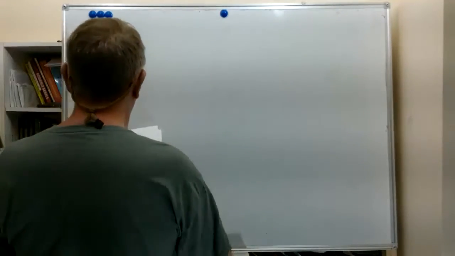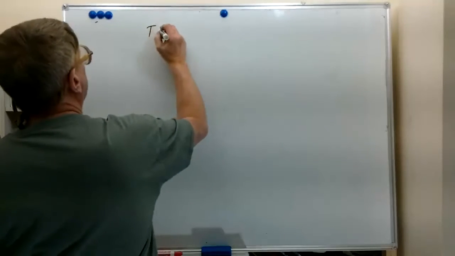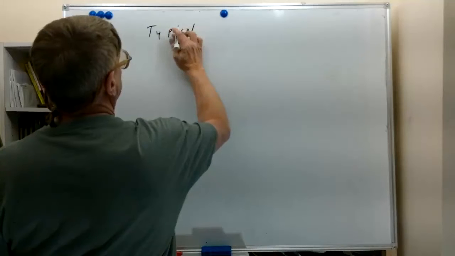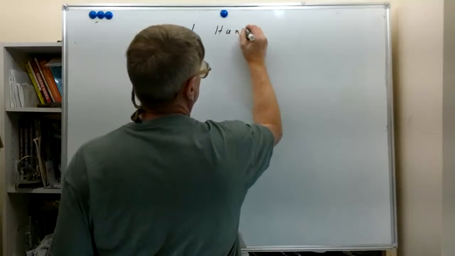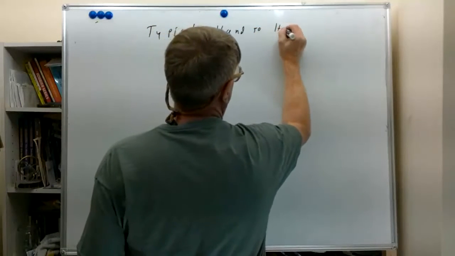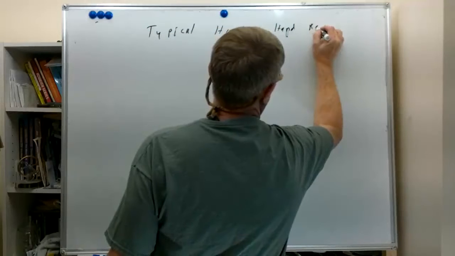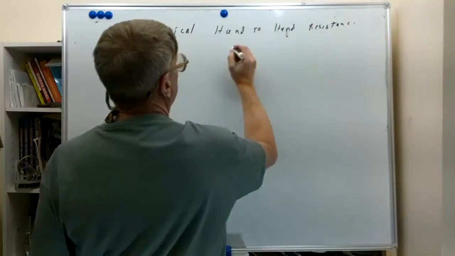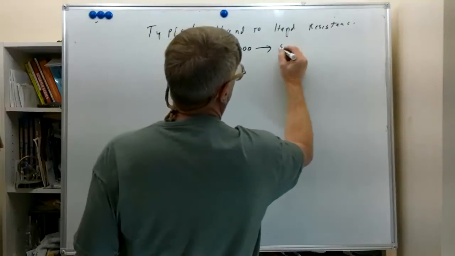Now the human body, from hand to hand, typical resistance, hand to hand resistance, 10,000 ohms to 50,000 ohms.